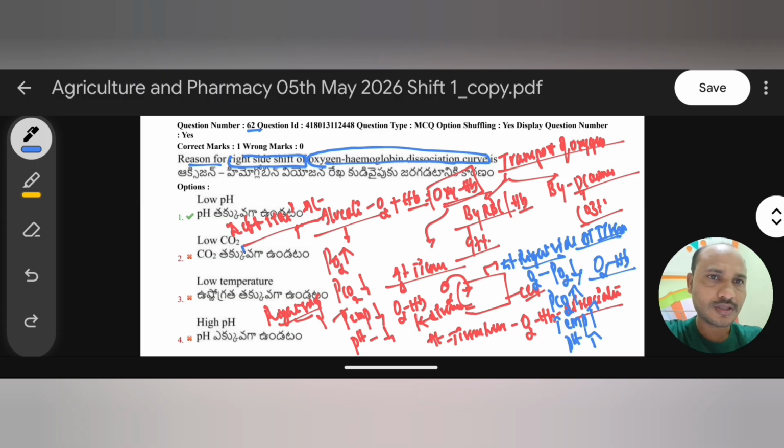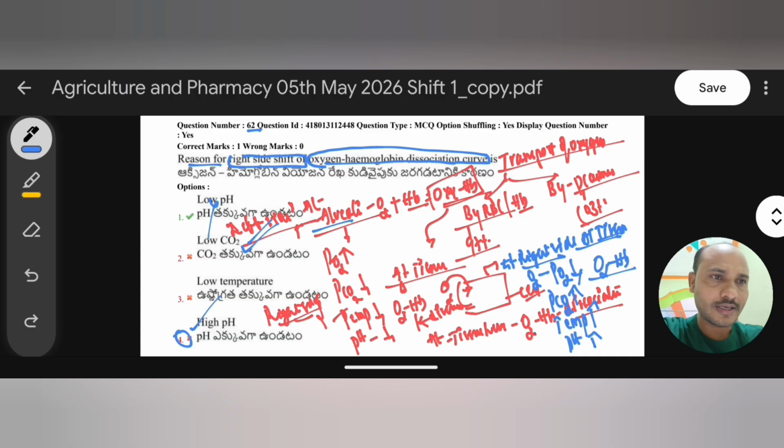But at the left side, at alveoli level, the oxygen hemoglobin association curve will be formed. Why? Because oxygen must be associated with the hemoglobin and transported. So here the answer must be high pH, but in the official key the answer is low pH, and this is wrong. Why?